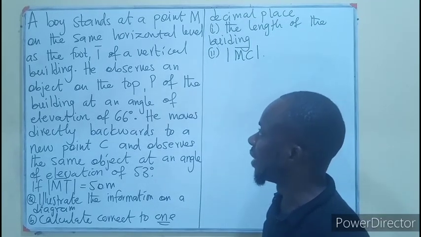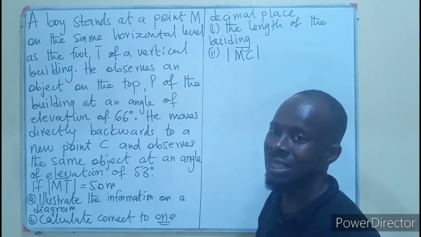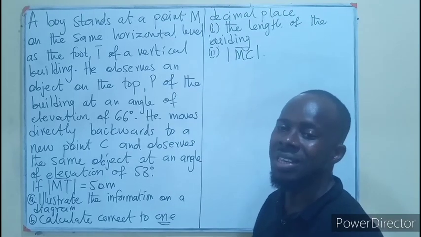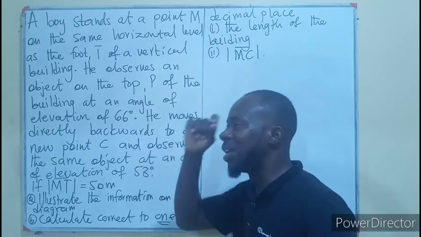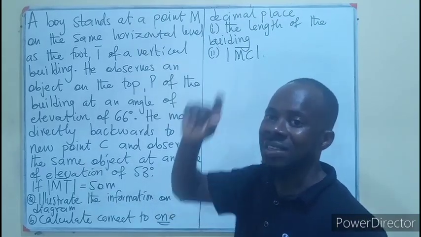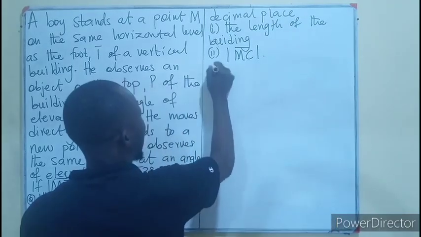Since the height of the boy is not given, we are going to ignore the height and consider the point at which he is standing as the eye level. Whatever he is seeing, we draw from the point at which he is standing.